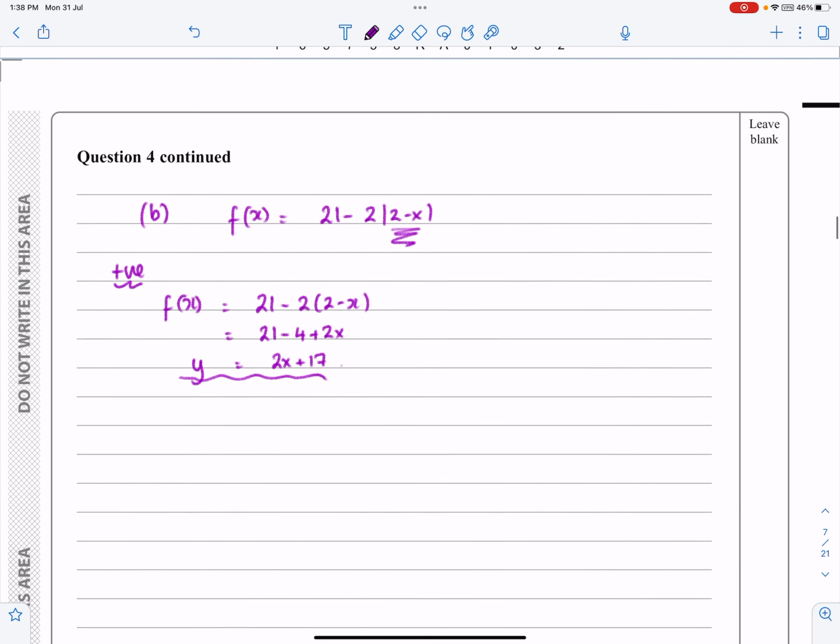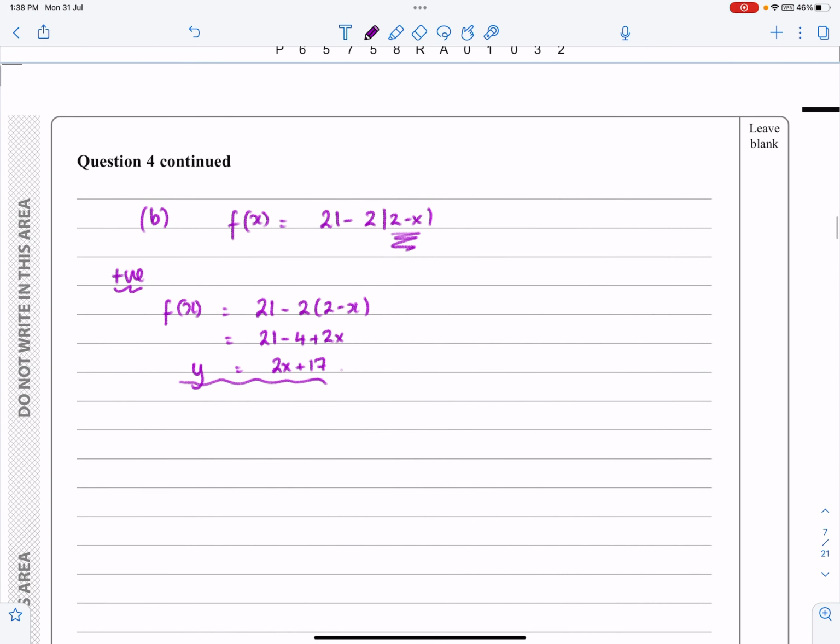If we now consider the situation where 2 minus x works out to be negative, then the modulus sign is having an impact and we're actually getting the negative of what we want. So then f(x) would be 21 minus 2, so plus 2 minus x, and that would give me a different function.